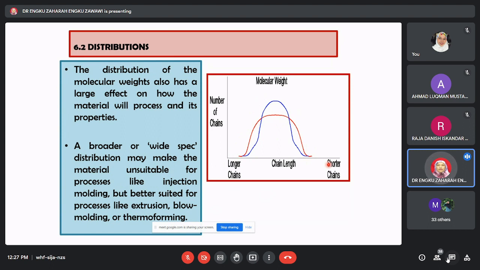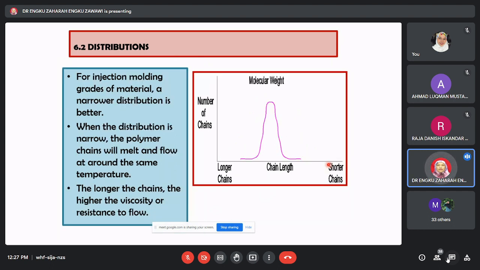So, untuk yang slim, dia adalah lebih sesuai untuk material yang mempunyai rantaian polimer yang almost close to each other. For injection molding grade material, narrow distribution adalah lebih sesuai kerana dia akan melt pada suhu yang sama. So easy for them to liquidize and flow.